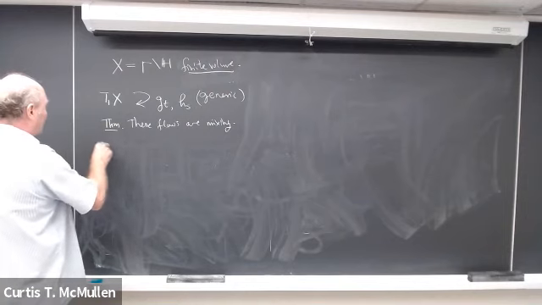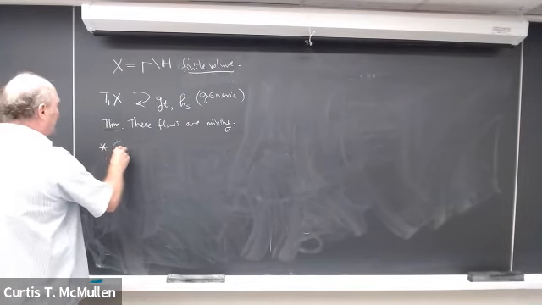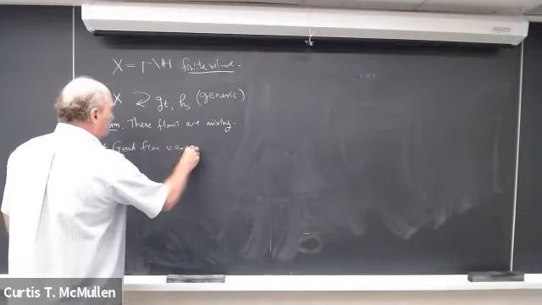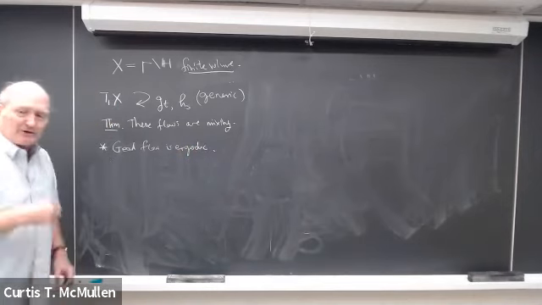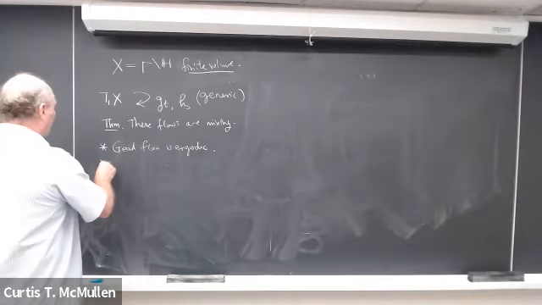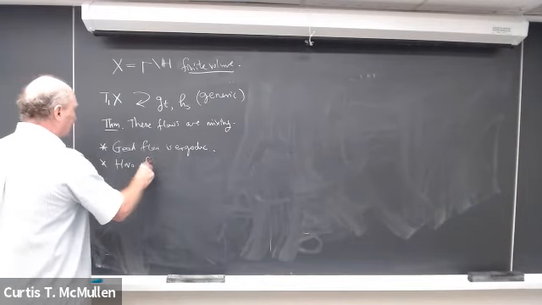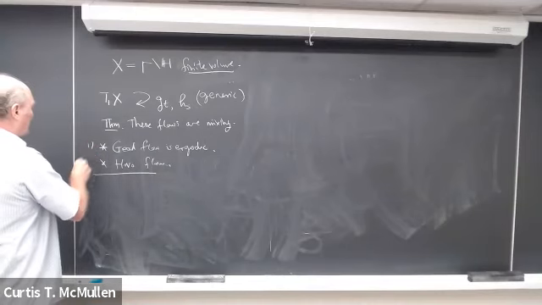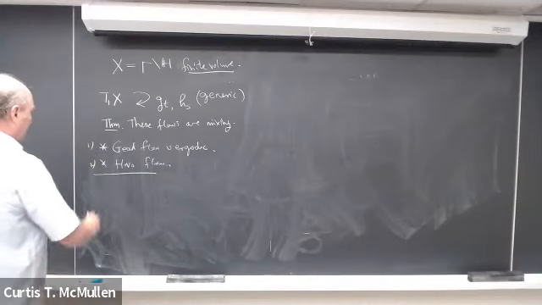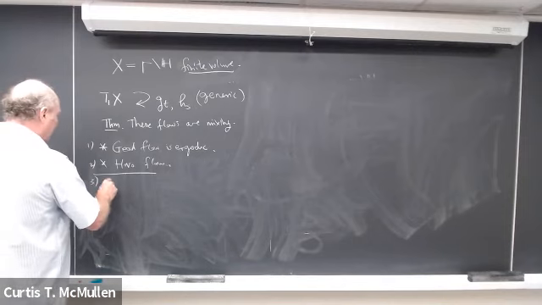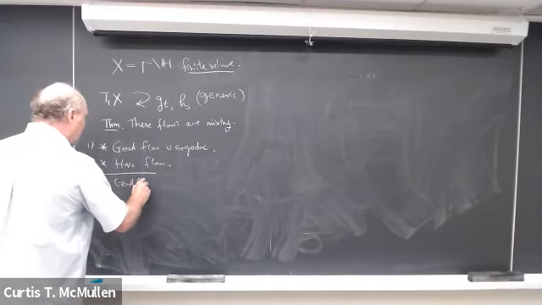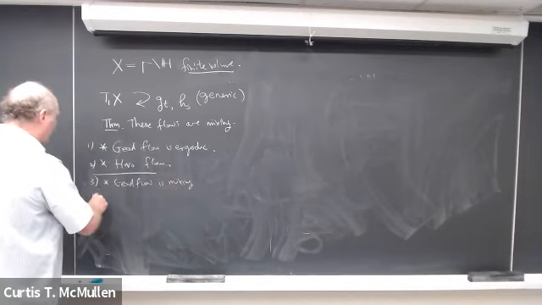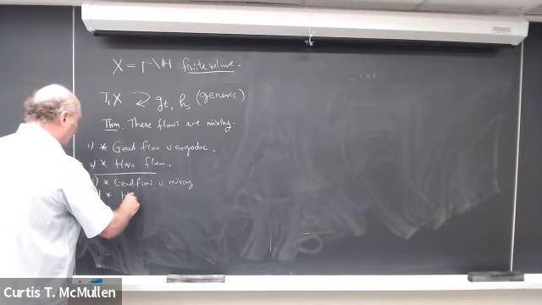The first step is we will prove that the geodesic flow is ergodic. We will warm up to mixing by first proving ergodicity of the geodesic flow and then of the horocycle flow. Let me call these 1 and 2. And then we'll prove 3, that the geodesic flow is mixing. And then we will prove a very strong version of the statement that the horocycle flow is mixing.